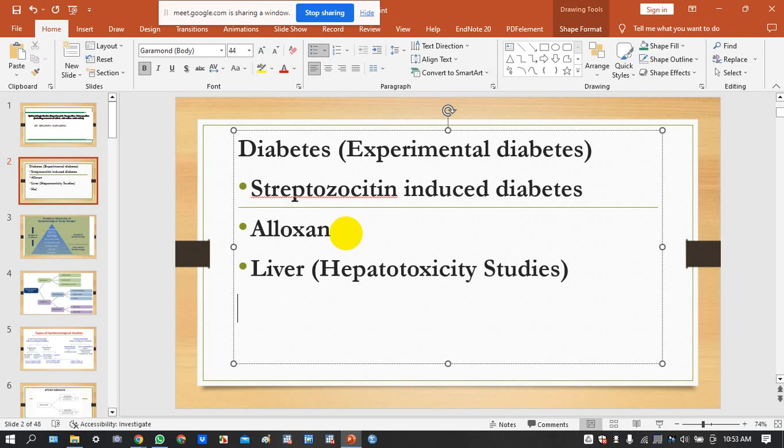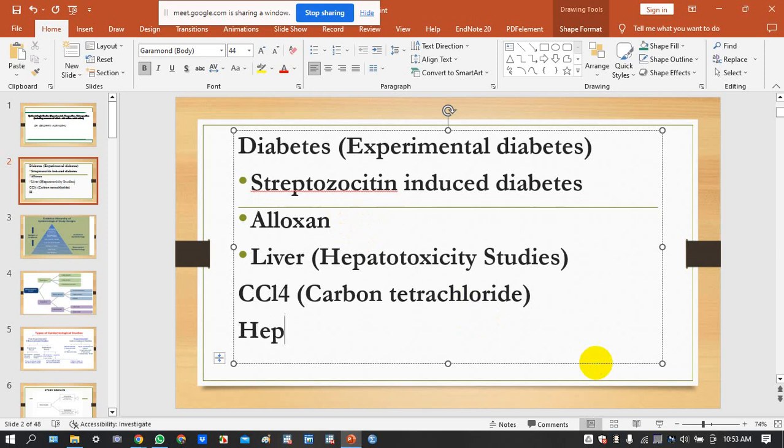We used CCl4, also called carbon tetrachloride, to induce hepatotoxicity.